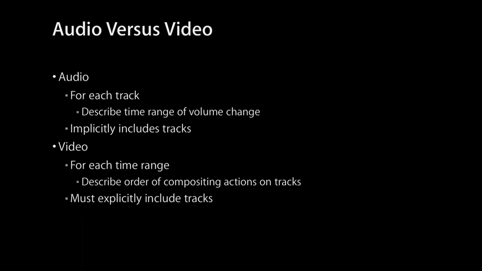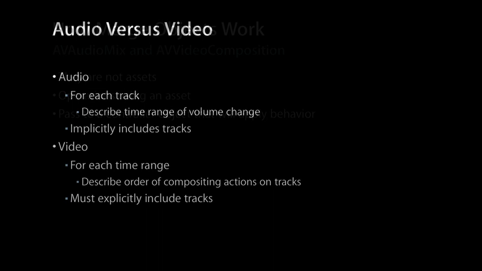Audio and video are very different, as we can see now. Audio is organized by tracks first, and then we describe how the volume of the track changes over time. Video, on the other hand, is organized by time ranges, and then describes the order of compositing. Also, audio has implicit inclusion, but with video, everything needs to be explicit.